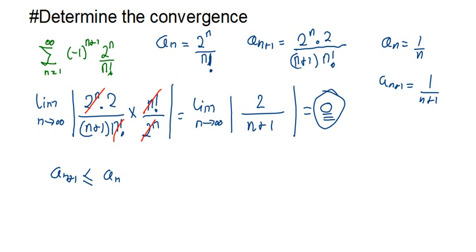So is our a sub n plus 1 less than or equal to our a sub n? The answer is yes. If you try to replace with some values, you're going to find that this one is greater than or equal to that one.